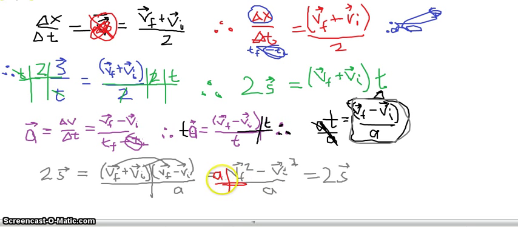Multiply all this times acceleration. Acceleration goes away. Hey, this times acceleration too. It's kind of out of order. So what you're going to get is velocity final squared minus velocity initial squared equals 2 times acceleration times displacement.